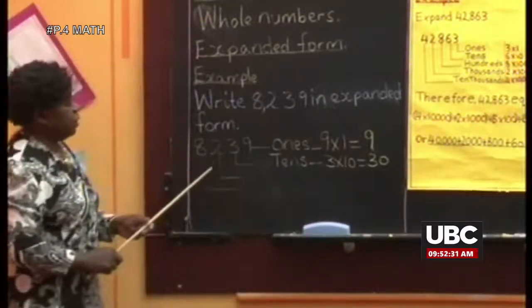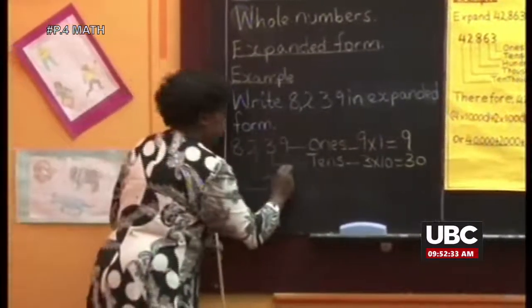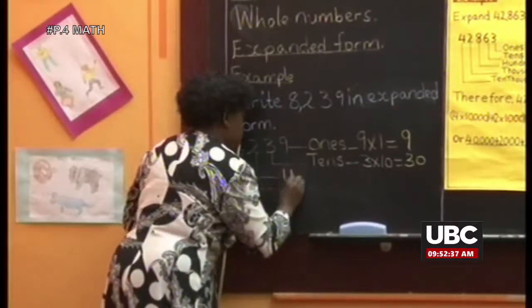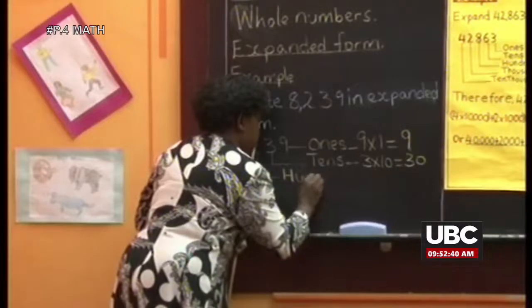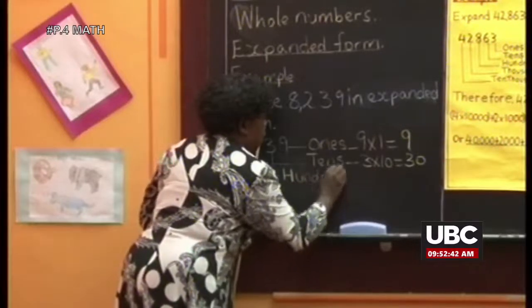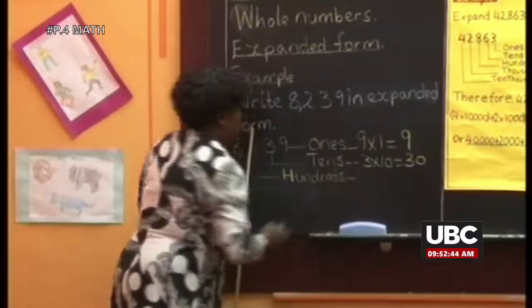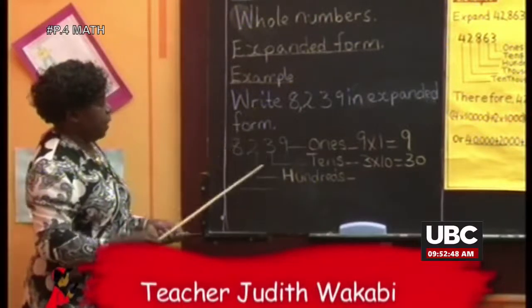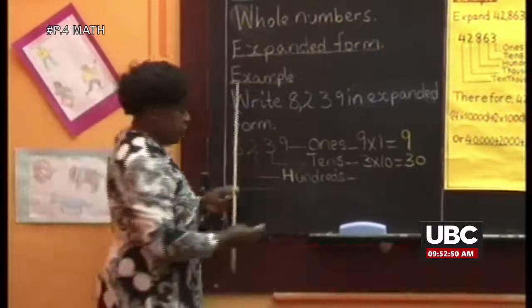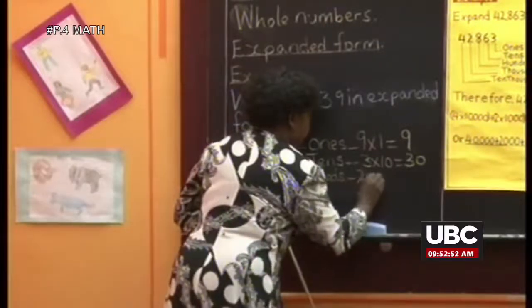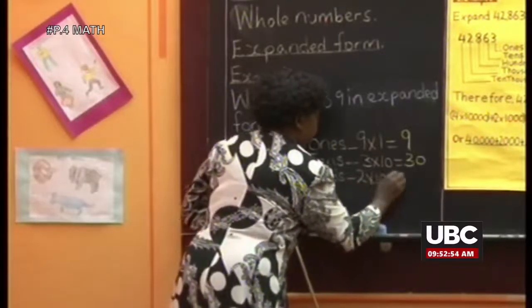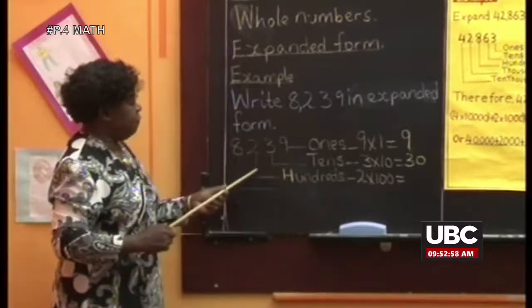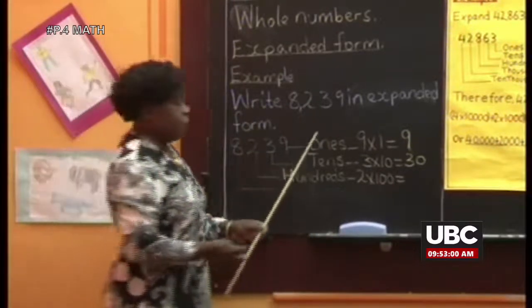How many hundreds? 2 hundreds. So we are going to get the value of 2 by multiplying 2 by 100. And we shall get a value of 200.